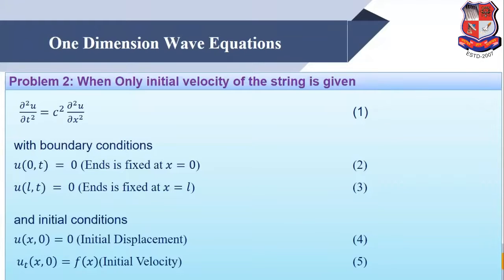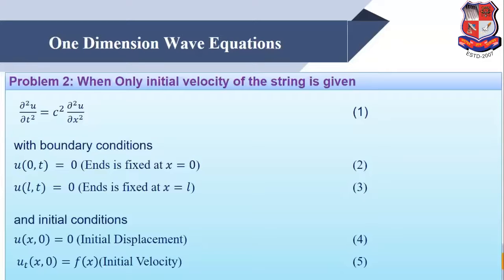In a previous lecture we discussed the one-dimensional wave equation, problem 1, which is based on the initial displacement of the string. In this lecture we discuss problem 2, when only the initial velocity of the string is given.